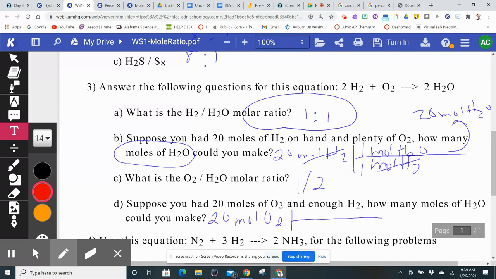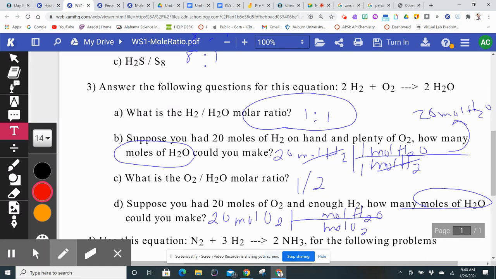And so where's moles of O2 going to go, top or bottom? Bottom. And what am I trying to get to? Moles of H2O.